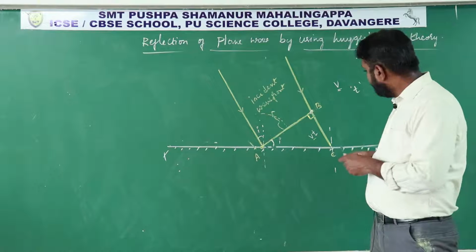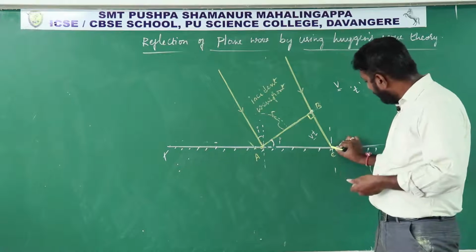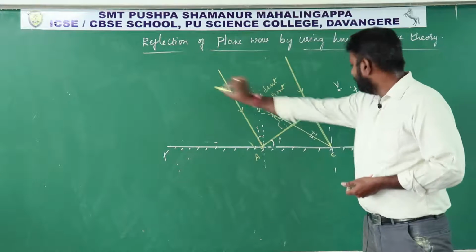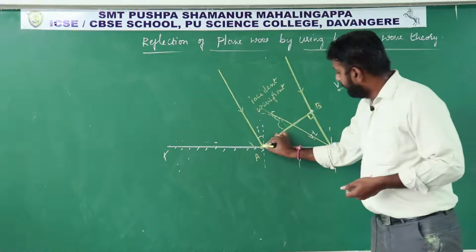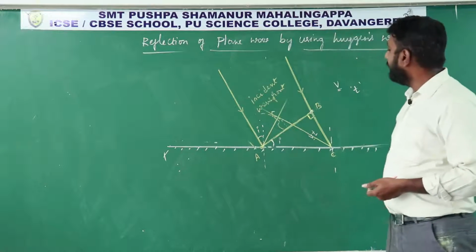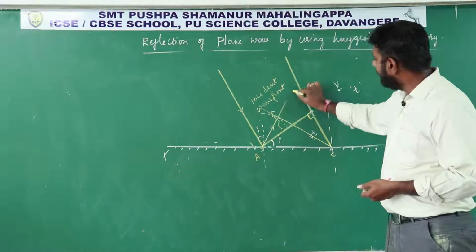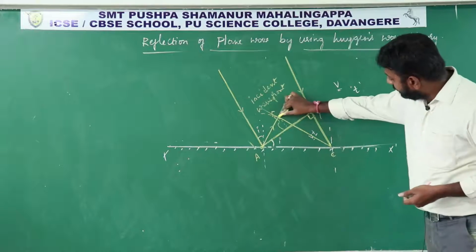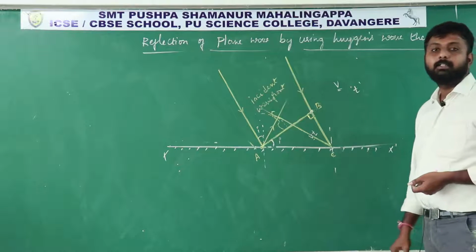Then next, you have to draw a common tangent from point C. So this is the common tangent from point C. And if you draw a perpendicular line, then this is a reflected ray, and observe carefully, this becomes the reflected wavefront.